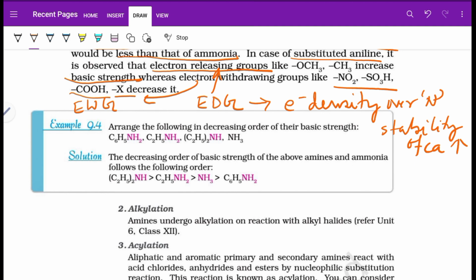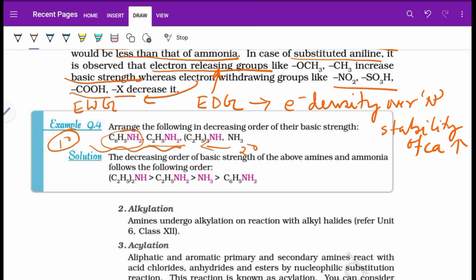of basic strength. This is aniline, an aromatic amine. This is ethylamine. Now, ethylamine and aniline both are 1 degree, only the difference is one is aliphatic, the other is aromatic. This is a 2 degree amine and the other is ammonia.